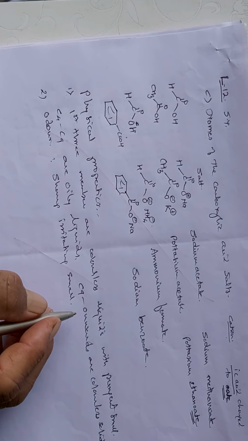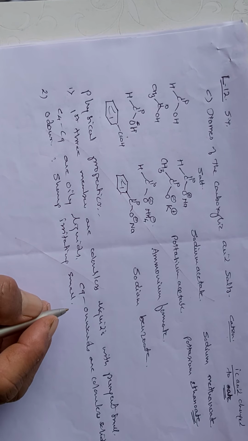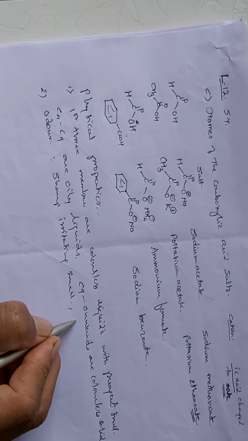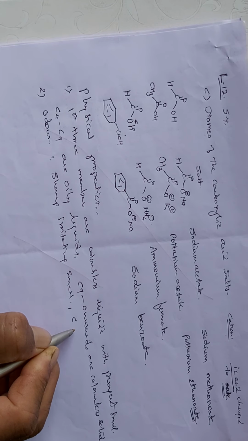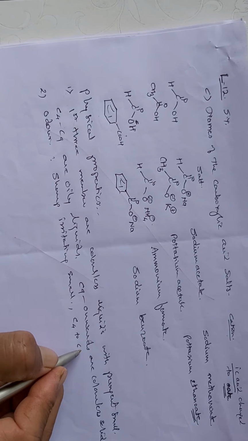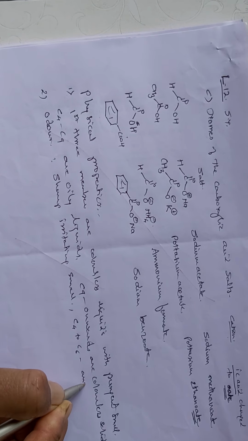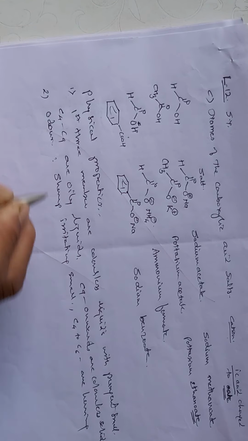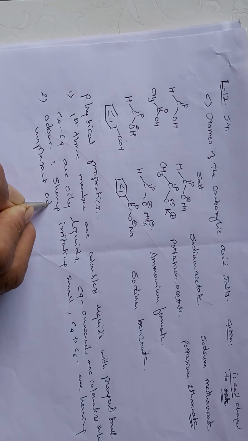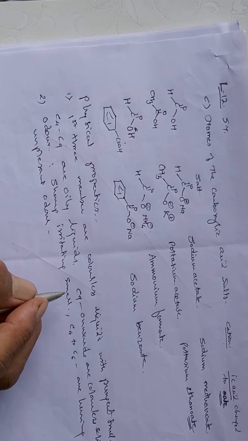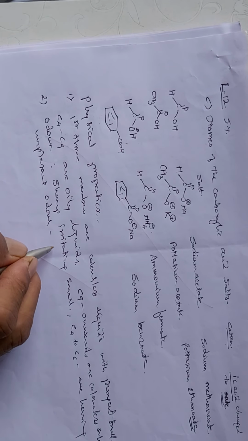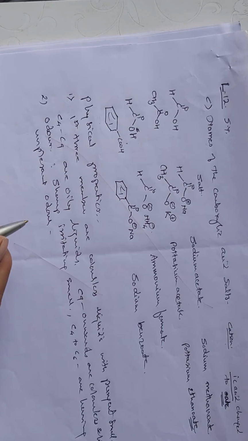Then butyric acid, valeric acid and caproic acid, C4 to C6, have an unpleasant odor, and higher members have little odor and are colorless in nature.